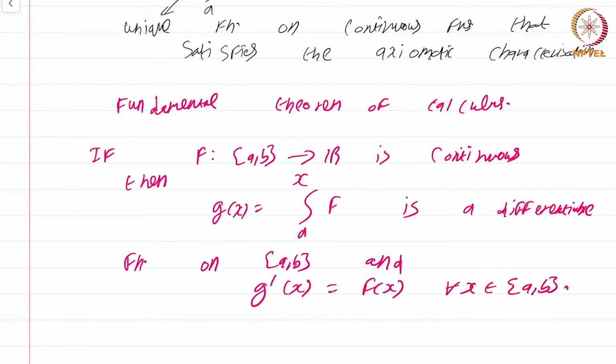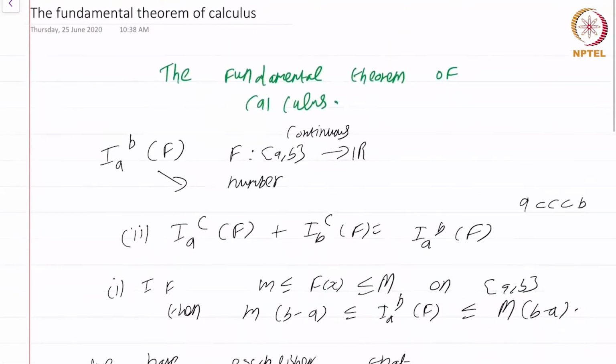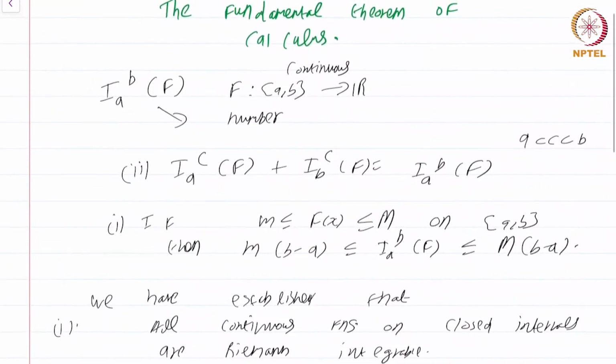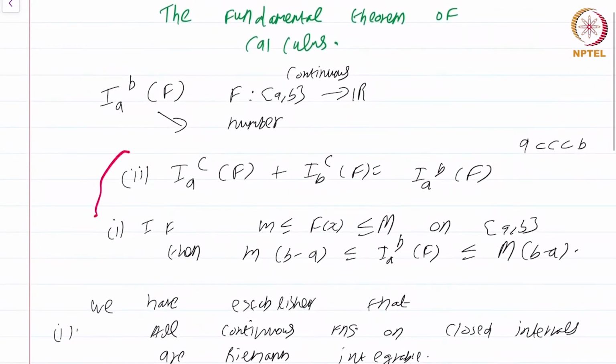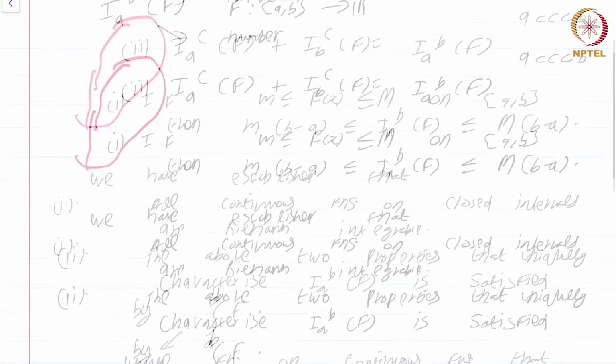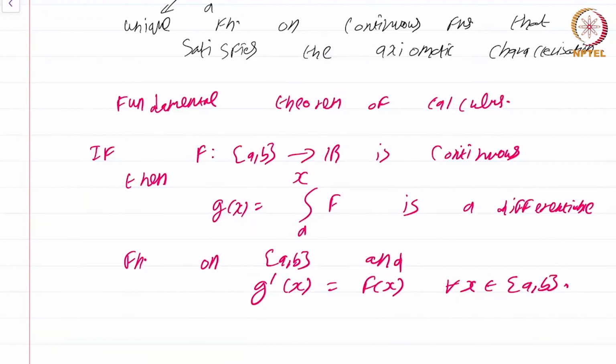This follows immediately because we have already proved that any I_AB that satisfies these two conditions is automatically going to satisfy the conclusion of the fundamental theorem of calculus. We have already seen that, so this bit is done with zero effort.